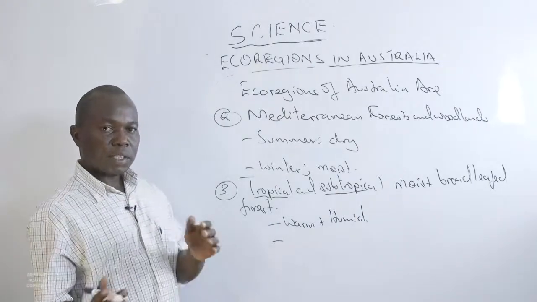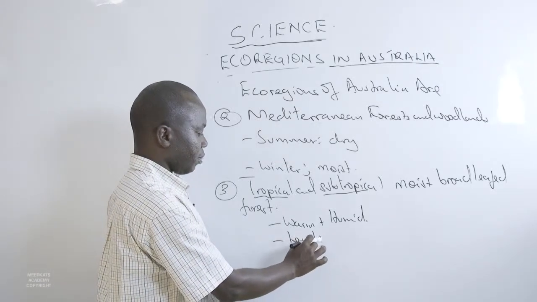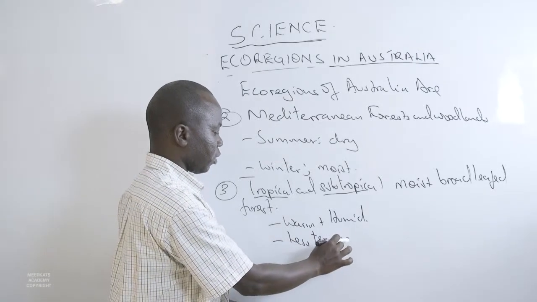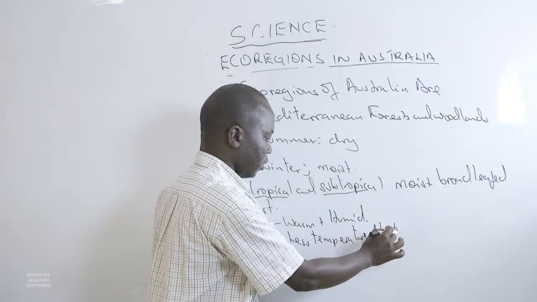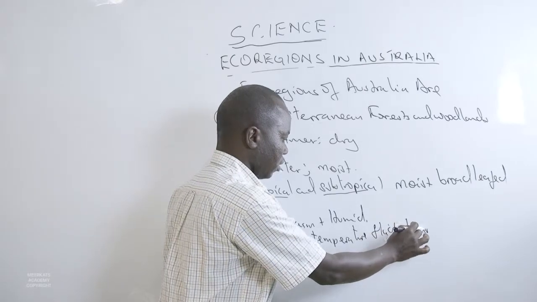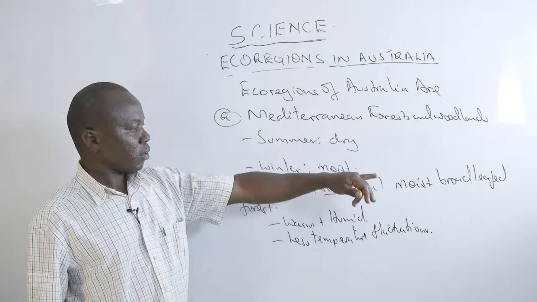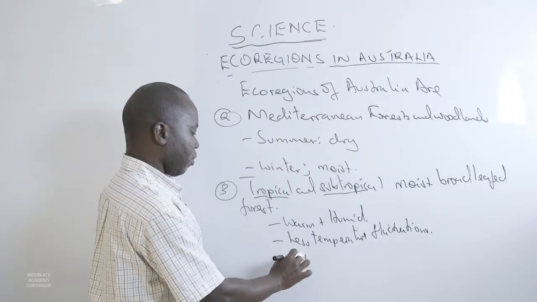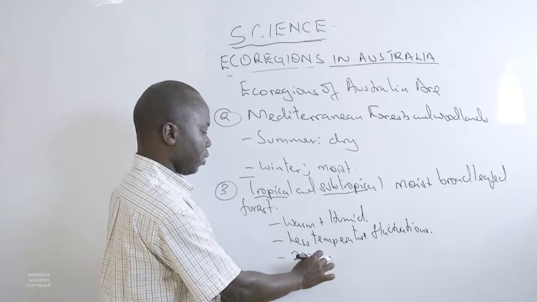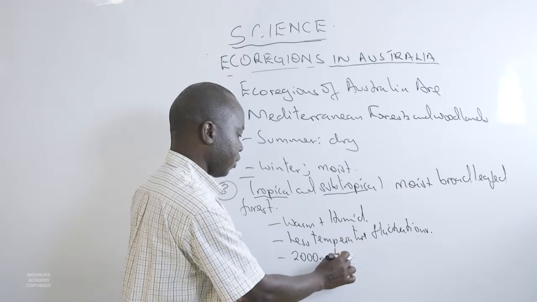Again, in terms of temperature fluctuation, there is less temperature fluctuation. In terms of rains, tropical forests receive the highest amount, almost 2,000 millimeters per year of rainfall.